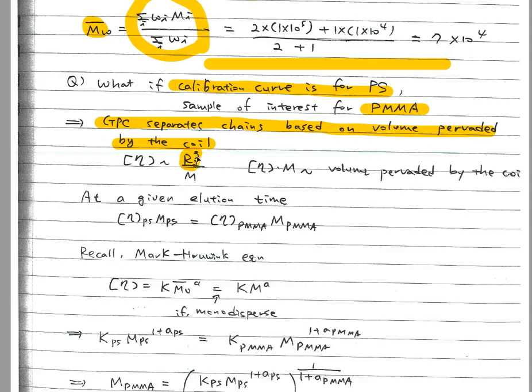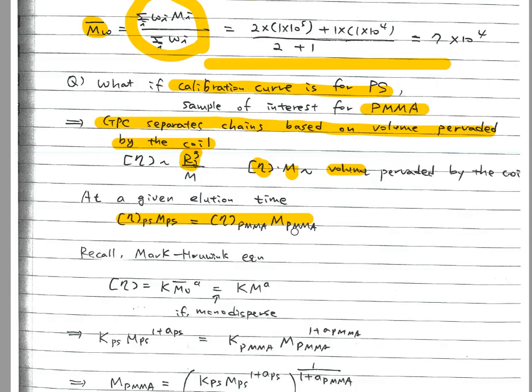Which means that eta times molecular weight is basically proportional to the volume. Then, even for different kinds of polymers, this eta times molecular weight would be the same, if the elution times correspond to each other. So for different samples, PS, PMMA, this eta times molecular weight would be the same as each other.